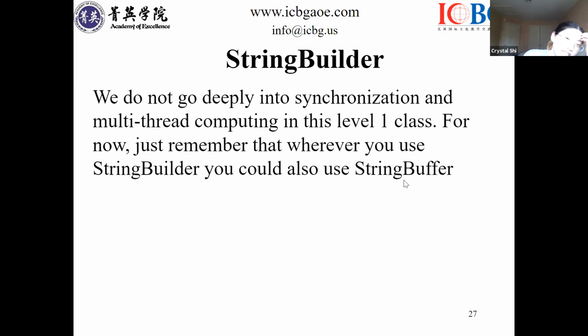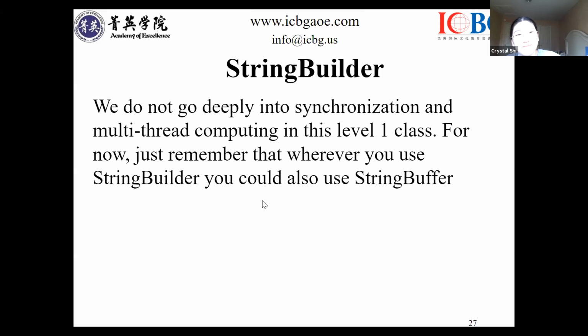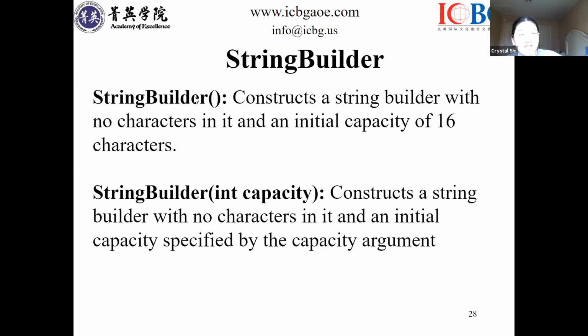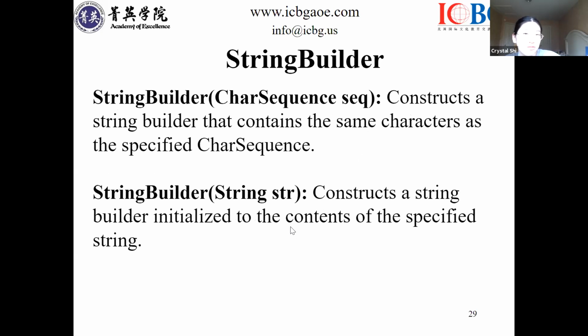But I'm not going to explain what it means to be thread safe or synchronized, because that is way beyond the scope of this class. So just remember that they are pretty much the same thing, and you can use string builder wherever you use string buffer. And here are just the methods for string builder. They're pretty similar to string buffer.